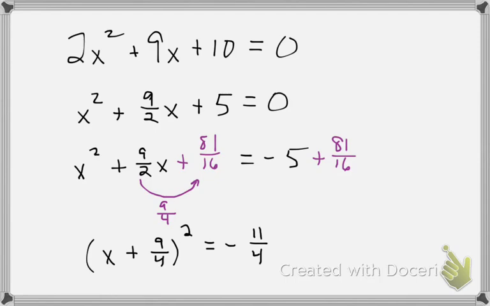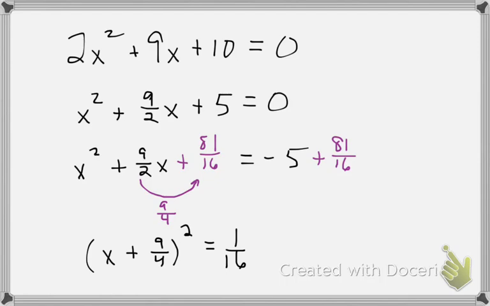So that doesn't change anything except on the other side. That's now actually just going to be 1/16. So x plus 9/4 all squared is 1 over 16. You guys agree?